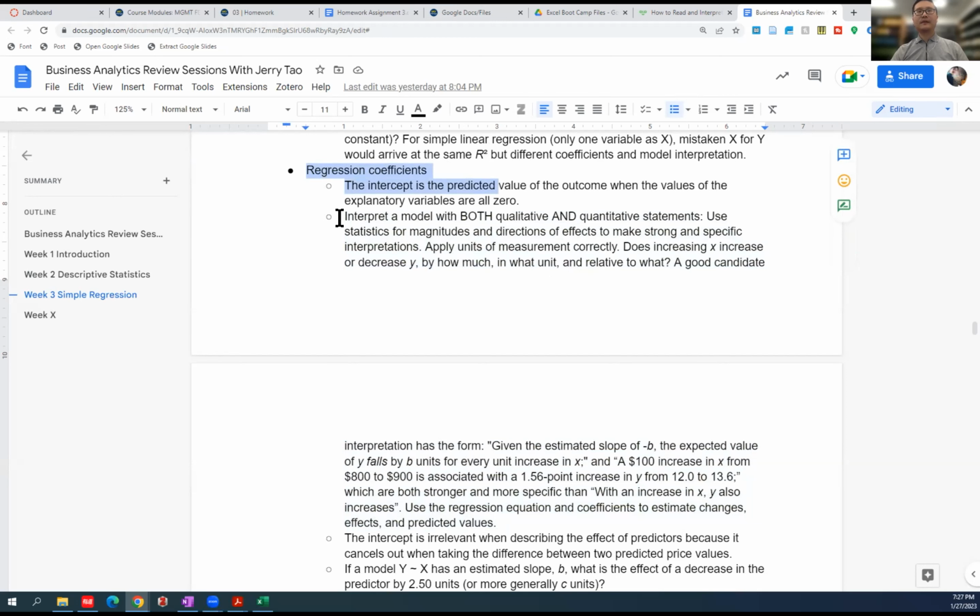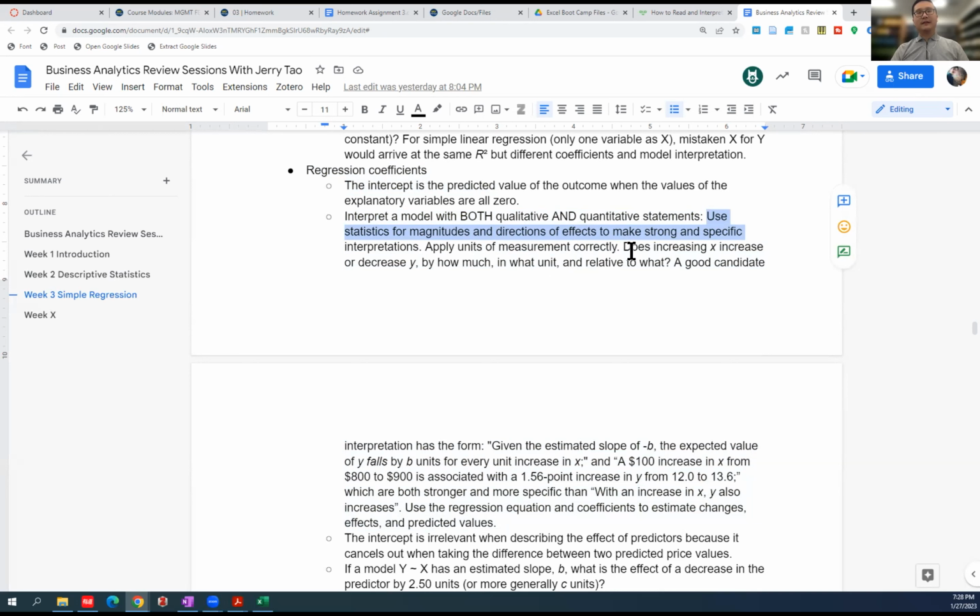As we just demonstrated, it's always good to interpret using both quantitative and qualitative statements. Specifically, we need to supply some magnitudes plus the directions of the effects so that our interpretations are strong and specific. And we should also apply units of measurement correctly.